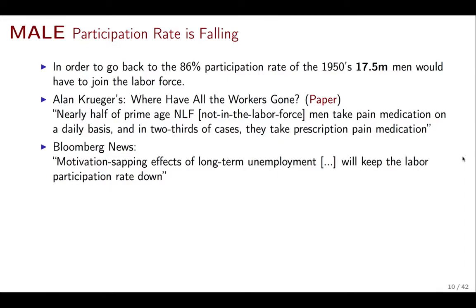Bloomberg News also mentions this. There is a nice article where they relate both Alan Krueger's research and other research showing that a lot of men have been going through very long spells of long-term unemployment.